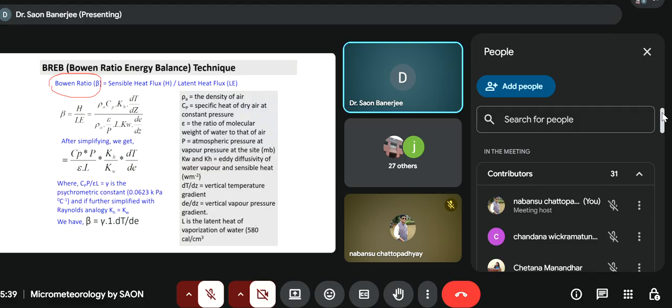How? The Bowen ratio, there was a scientist named Bowen. In 1913, Bowen gave this idea: the ratio of sensible heat flux to latent heat flux.